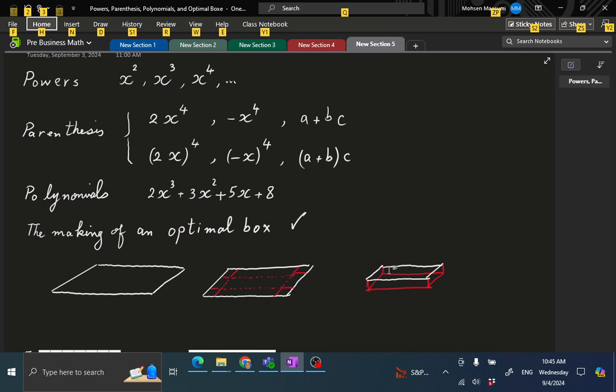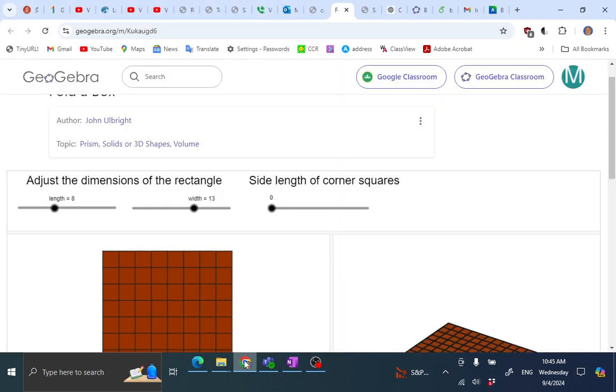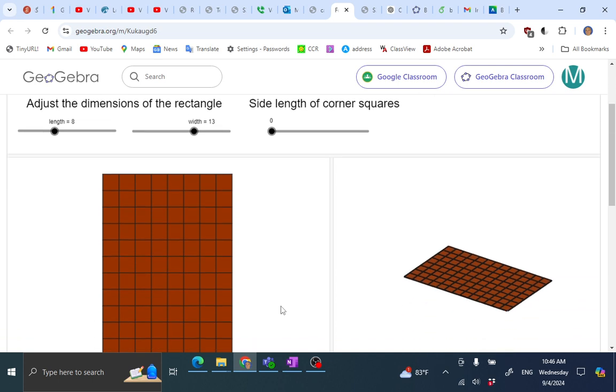Now I'm going to show a little demo of this problem, and then in the next lecture we are going to open it up and dig in and see what happens there. So here's a nice website, GeoGebra. People do a lot of mathematics here. I'm using John Albright's work related to the exact same issue.